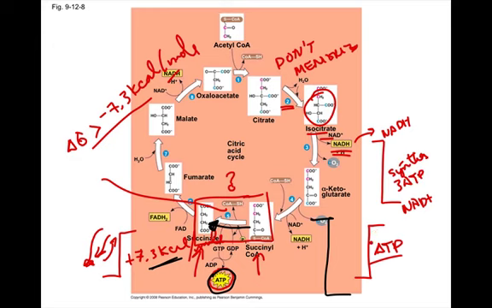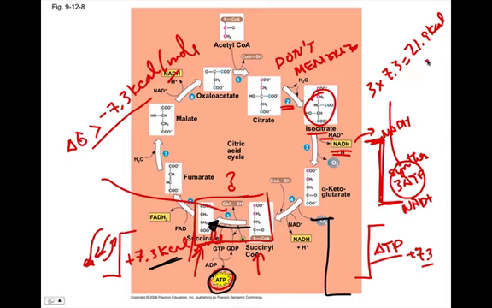So ATP requires 7.3 kilocalories per mole, and so to make this happen, synthesizing 3 would be 3 times 7.3, or 21.9 kilocalories per mole. What can we say about this energy drop? This energy drop must be greater than 21.9, because we can use this huge energy drop to synthesize ATP.